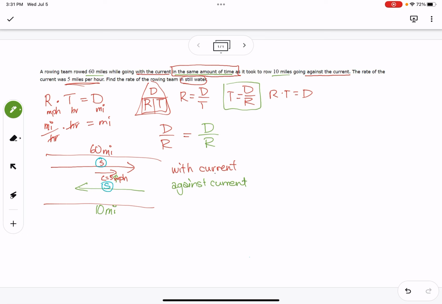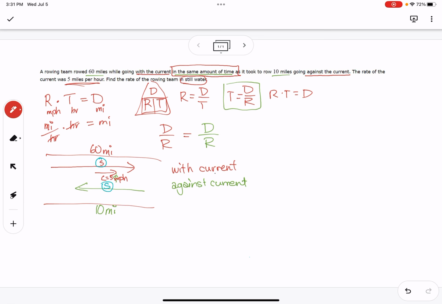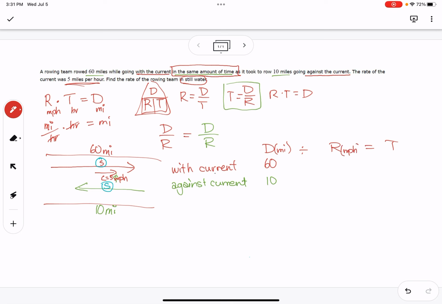You can map this out in different ways, but let's just tabulate what we know. With the current, we're interested in the distance divided by rate to equal the time, because we're going to be relating the time. So with the current, the distance was 60 miles. And against the current, it was only 10 miles in that amount of time. And the rate was miles per hour.